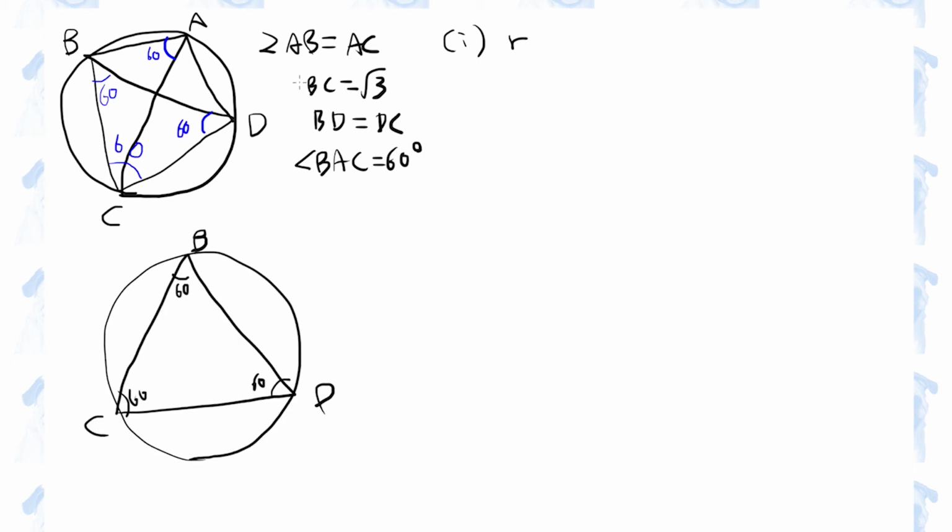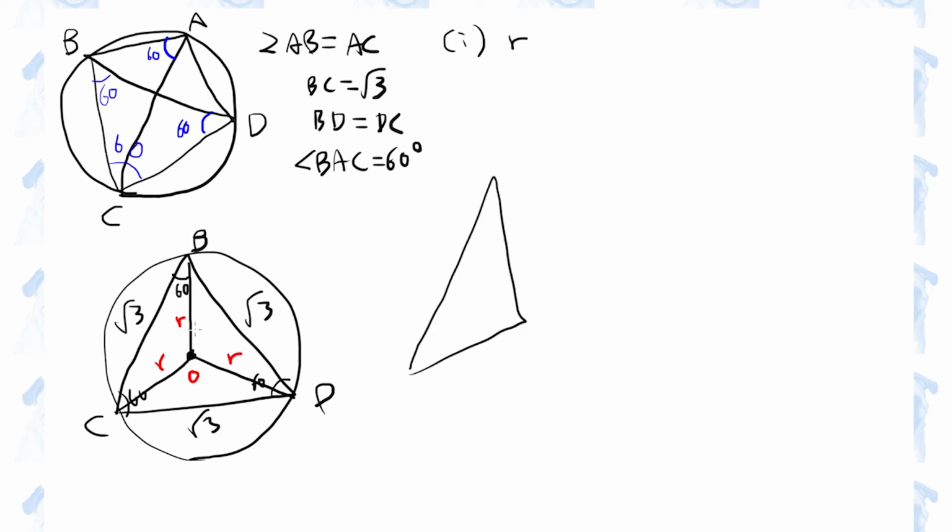And we also know the length of each side to be √3. So the radius r would be this length here. Let's extract the triangle BOC. The angle here is 30 degrees, and we have another 30-degree angle. The angle here is 120 degrees. And the length BC is, of course, √3.